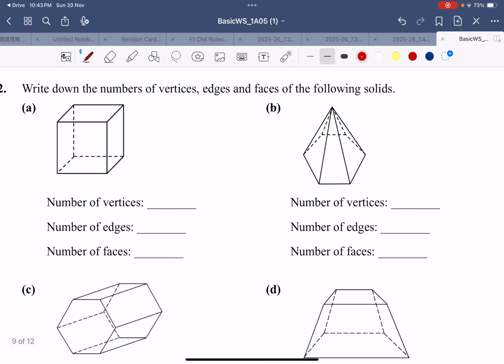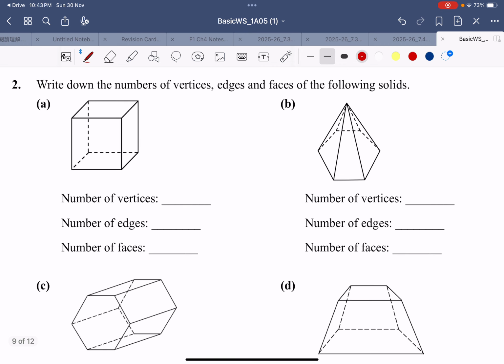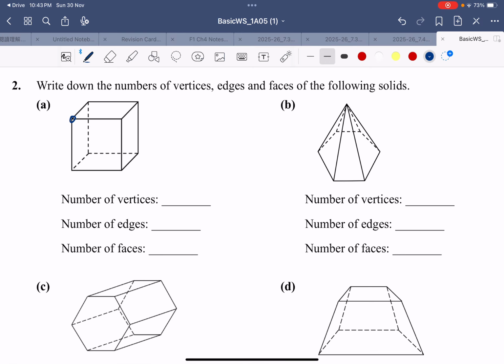Okay, then we write down the number of vertices, edges, and faces of the following solid. Vertices means the corners. So we count the number of corners here: 1, 2, 3, 4, 5, 6, 7, 8. Should be 8.